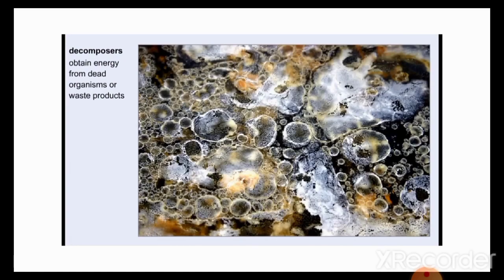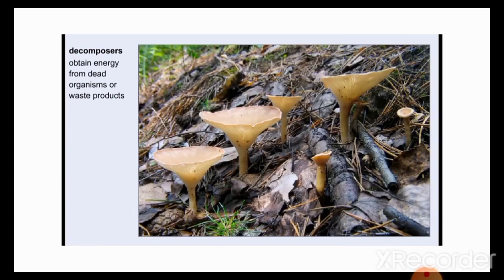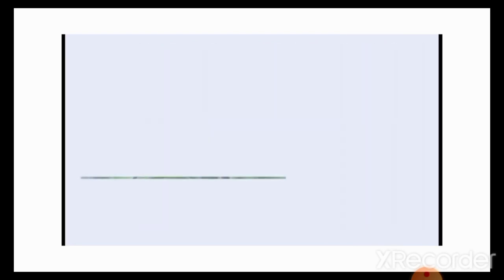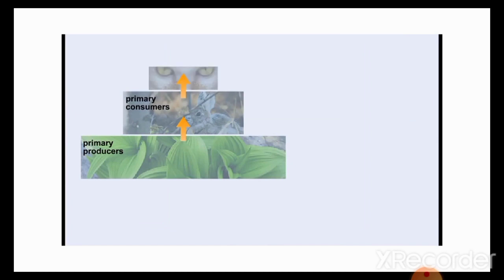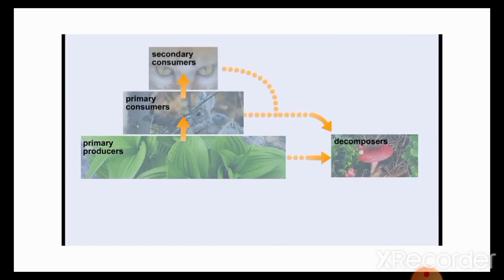Decomposers ensure that the energy and nutrients that are locked in dead matter are recycled back into the environment. Fungi and most bacteria are examples of decomposers. All of these classifications can be used to generate a flowchart of energy from one group of organisms to another. This flowchart, also called a food chain, shows the flow of nutrients and energy between organisms.